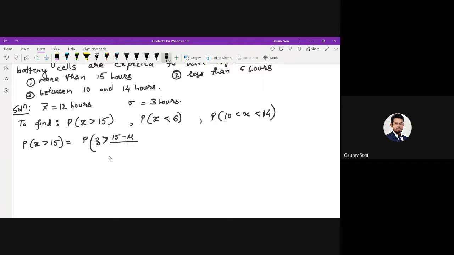Look, the table values, the area under the curve you found out using the table, that table is for the standard normal variable. What is the standard normal variable?